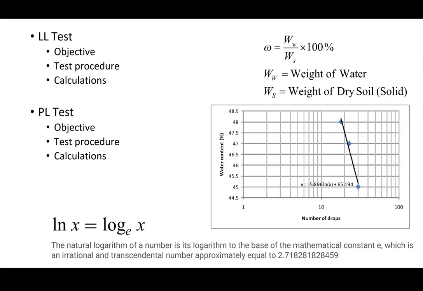So the two tests that we went over in our class were liquid limit and plastic limit tests. So you need to know what is the objective of each test, what is the test procedure. Also, you need to be familiar with the calculations for each of these tests.